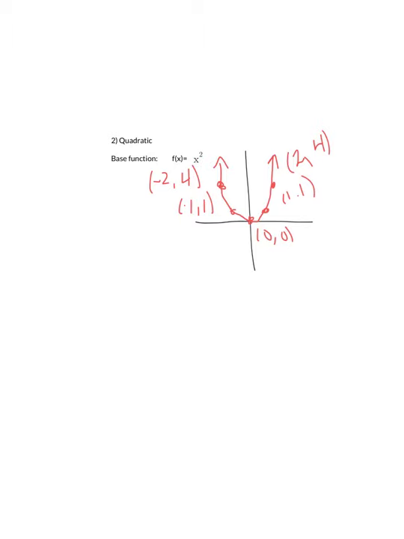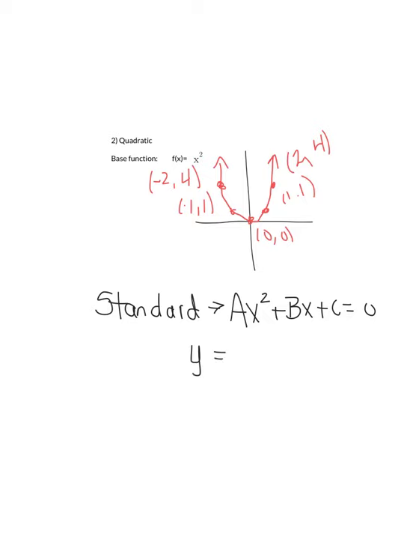A couple of things I did want to mention just for in the future. Even though our base function is x squared, we can write our quadratic a couple of different ways. Because we have had a few chapters on this already, we know that we could write it in standard form, ax squared plus bx plus c equals 0, or we could be writing it in vertex form, so y equals a(x minus h) squared plus k.